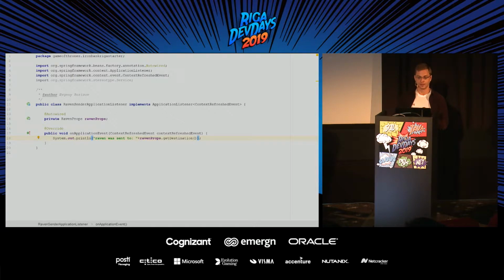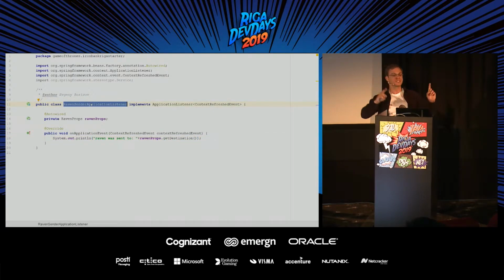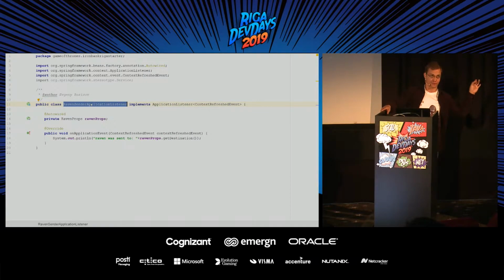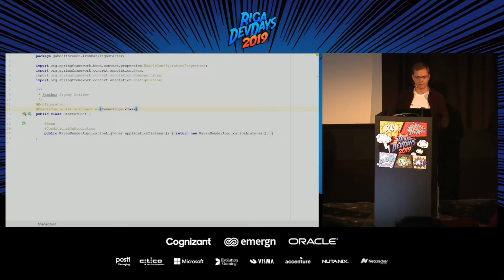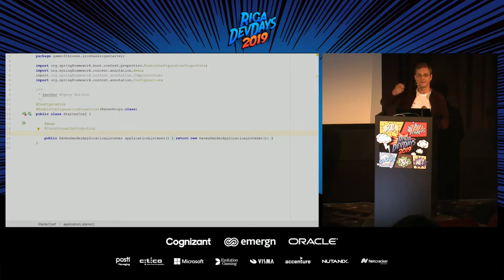Okay? Now, we talked about that I want this bean to be created only in case this property exists in the real project. So I go to the declaration of this bean, to my configuration again, and I want to say this is not the only condition to create this bean. An additional condition is that the property raven.destination exists.